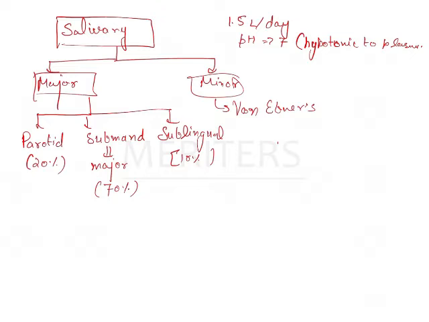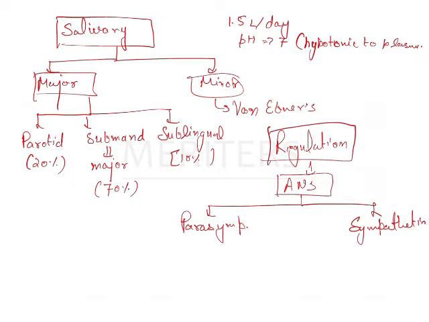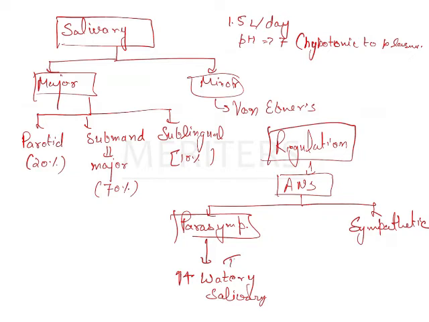Now if we talk about the regulation of the salivary glands, it is generally done by the autonomic nervous system. The autonomic nervous system has two branches: one is the parasympathetic nervous system and the other is the sympathetic nervous system. The parasympathetic nervous system leads to release of more and more thin and watery saliva.